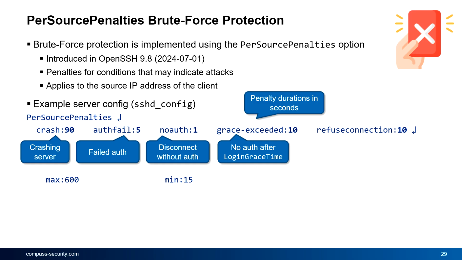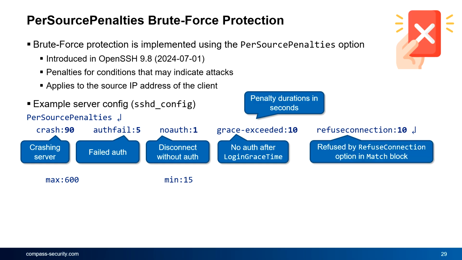If the server actively refuses a connection because of a server configuration in a match block, this could, for example, match host from a certain IP address range or match some users of specific groups. This could then add 10 penalty seconds.